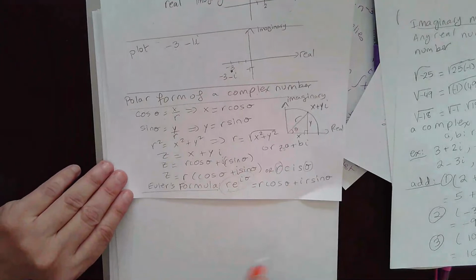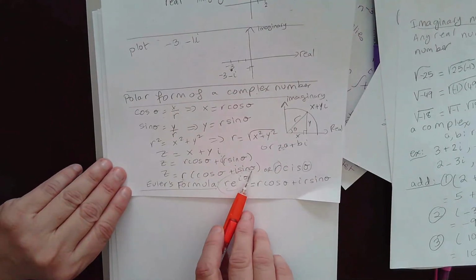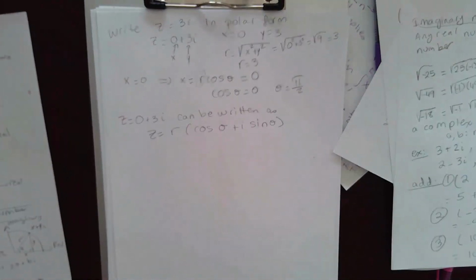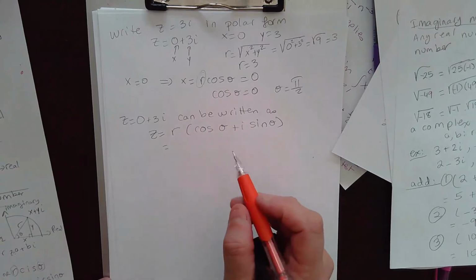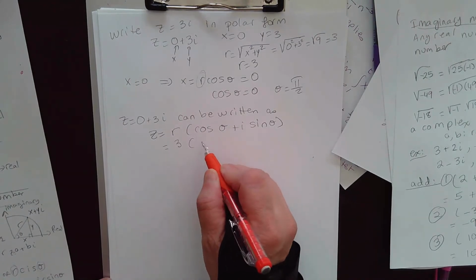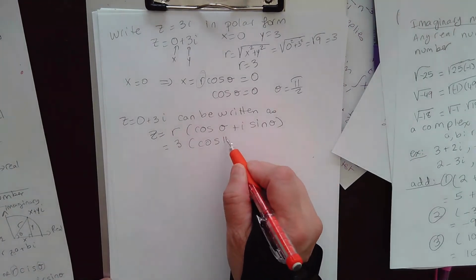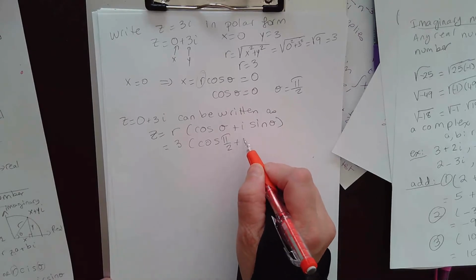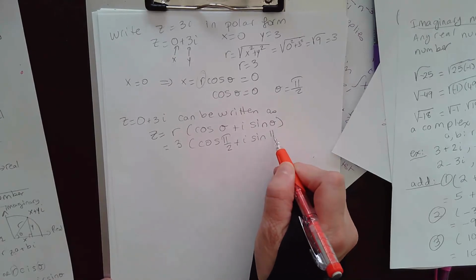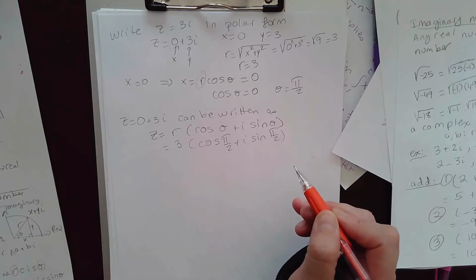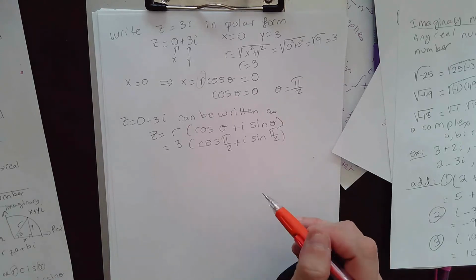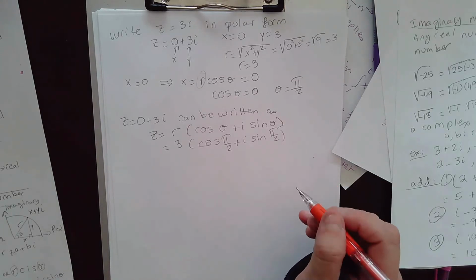We already know what r is. r is 3, cosine theta is pi over 2, plus i sine theta, which is pi over 2. So this is in polar coordinates.